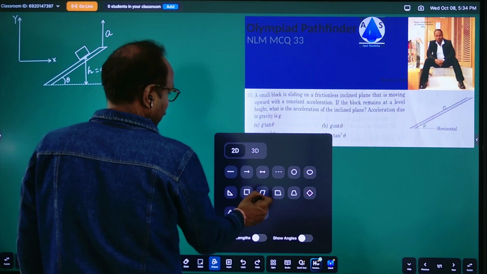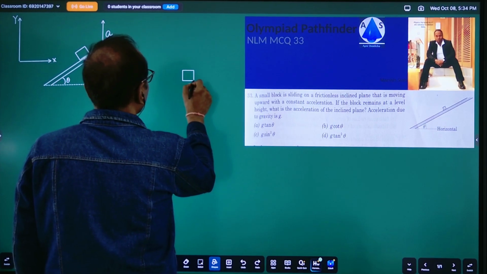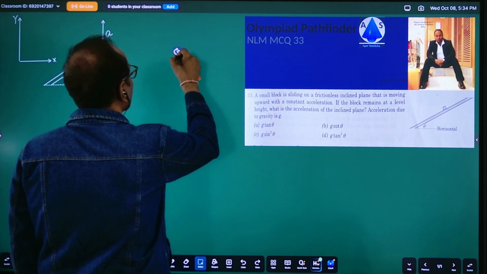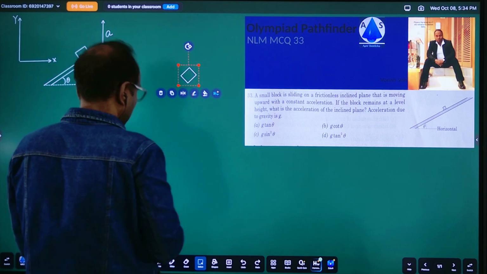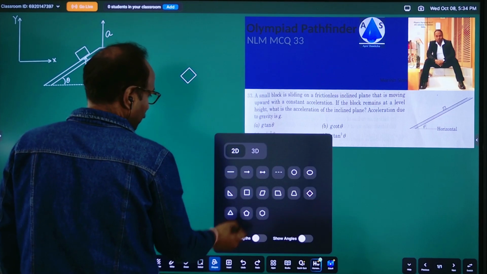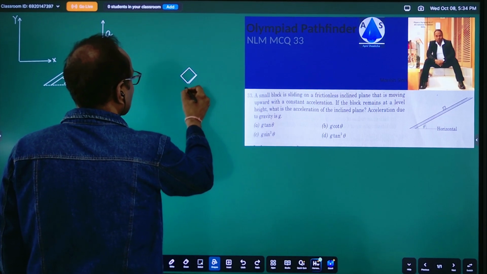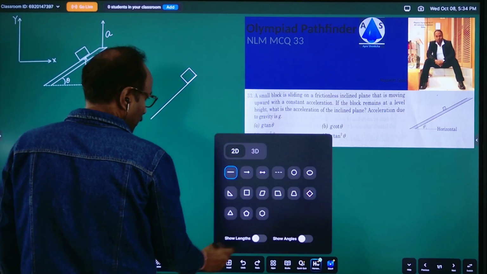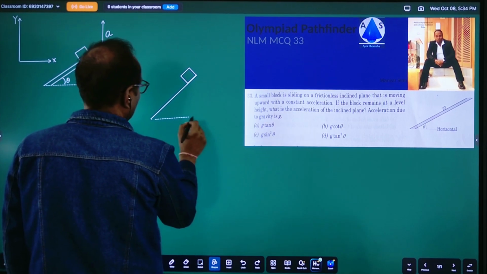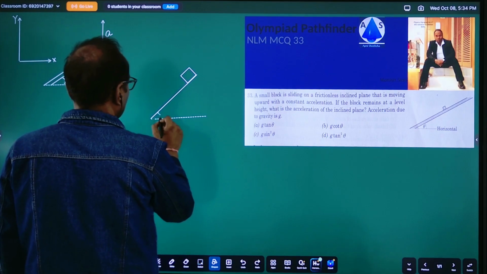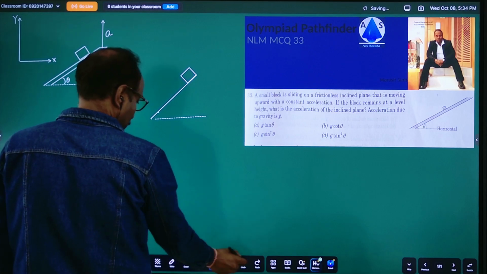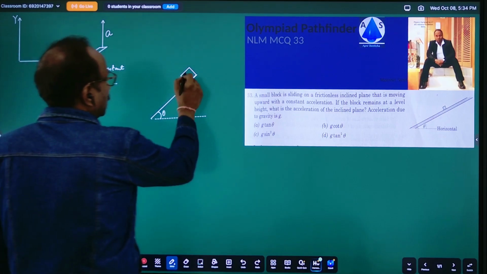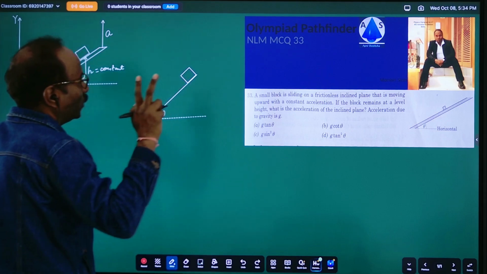So this block is subjected to two accelerations now.